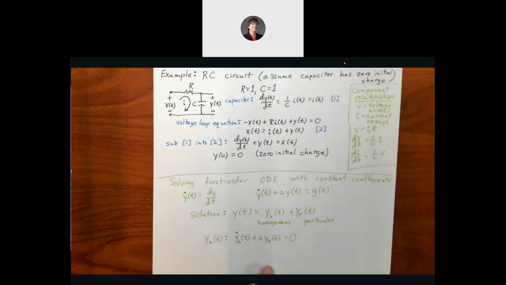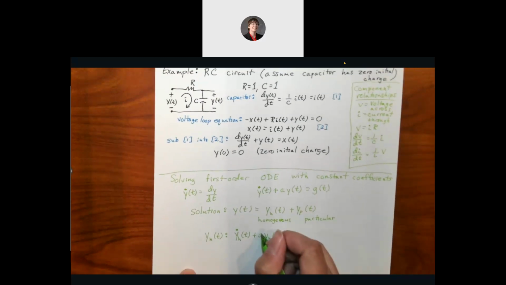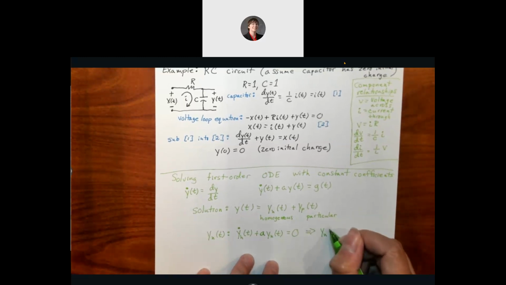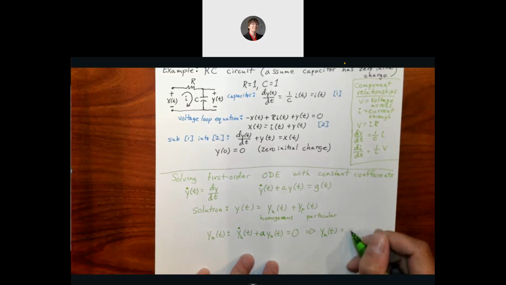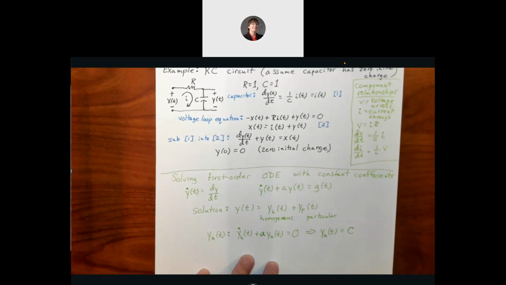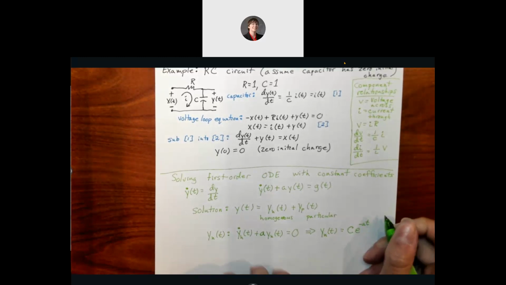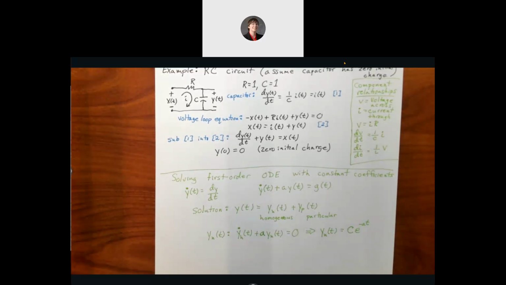If I have this form, then the solution y_h of t is going to have some coefficient c times e to the minus a t. That's your homogeneous part.